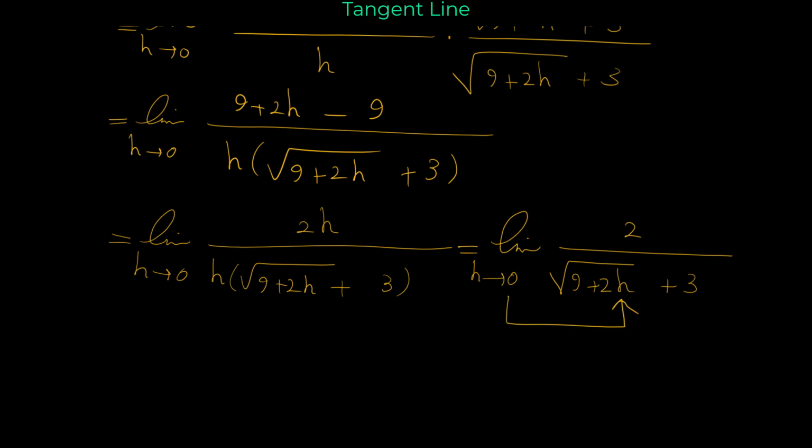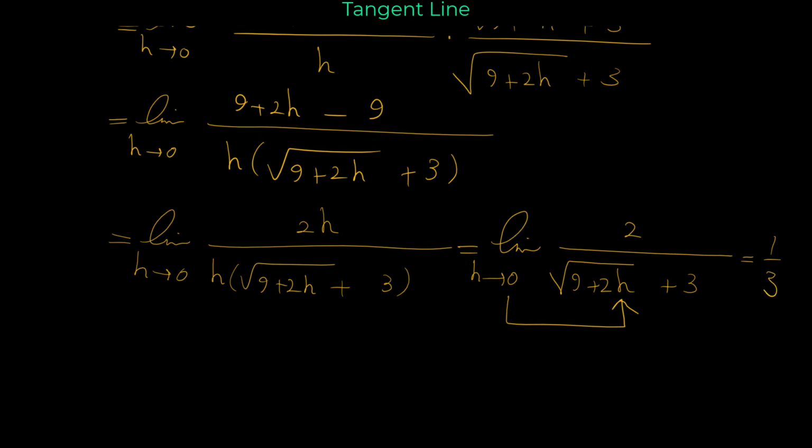Now that h is cancelled from the top and the bottom, we can find the limit by direct substitution. If you plug in 0 for h, inside the radical would be radical 9, 3 plus 3 is 6, 2 over 6 is 1/3.